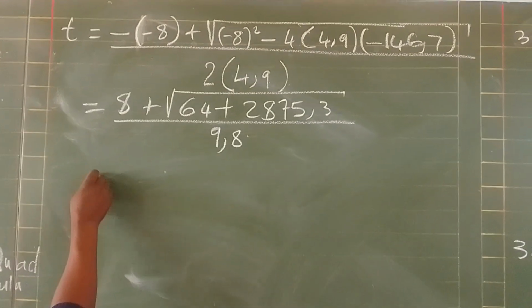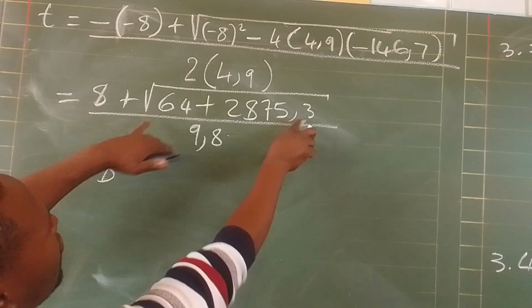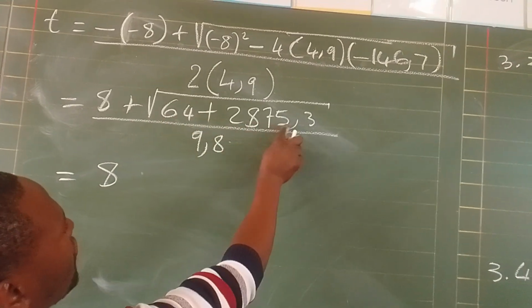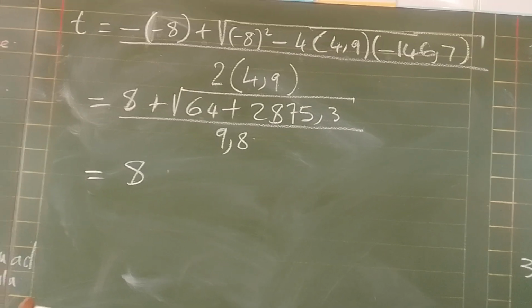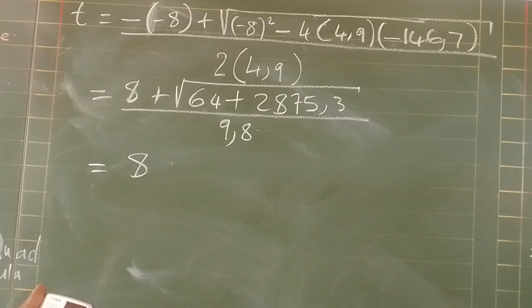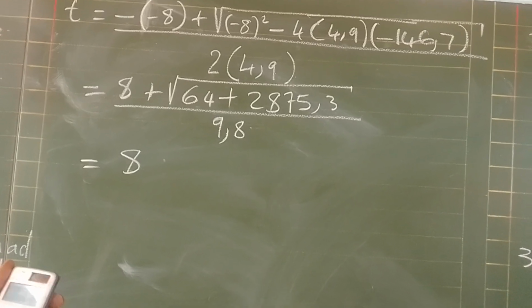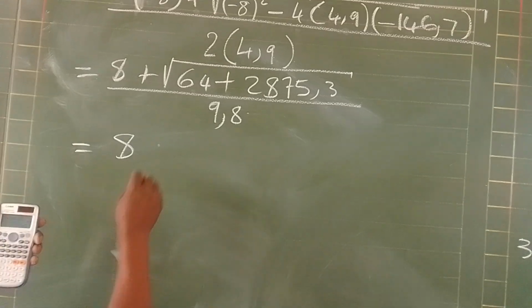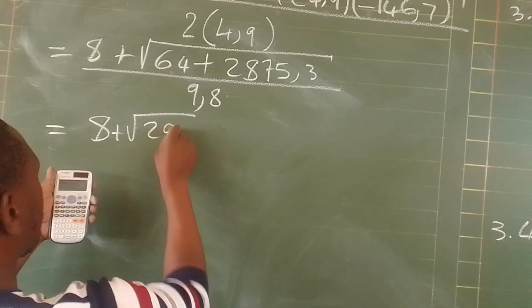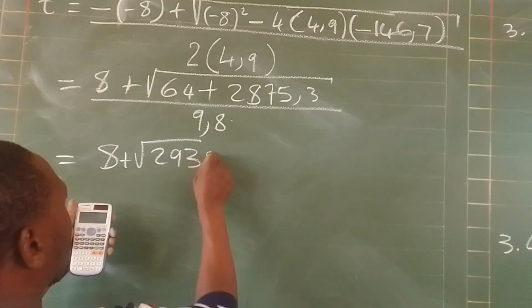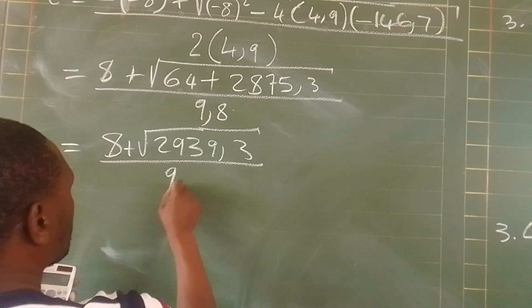Right, from here it's 8 plus the square root of 64 plus 2875.3. Let's add 64 to 2875.3. We get 8 plus the square root of 2939.3, divided by 9.8.